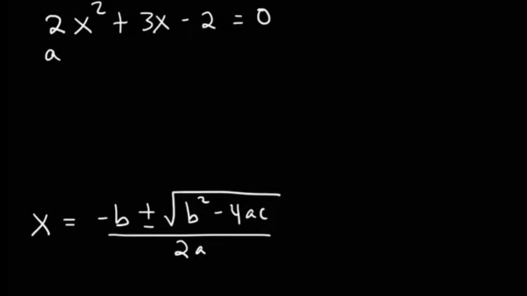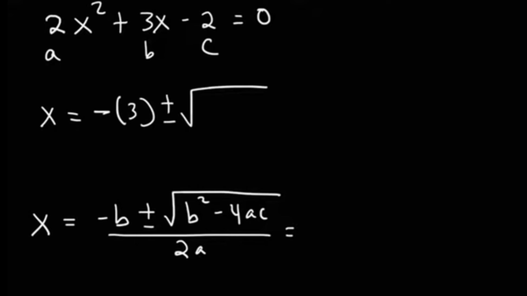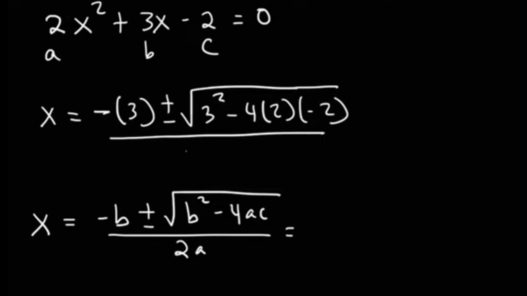A equals positive 2, b equals positive 3, c equals negative 2. X equals negative b, which is negative 3, plus or minus the square root of b squared, so that is 3 squared, minus 4 times a, which is positive 2, times c, which is negative 2, all over 2a, which is positive 2 times 2, equals 4.